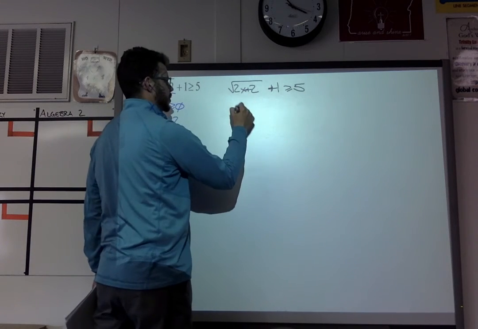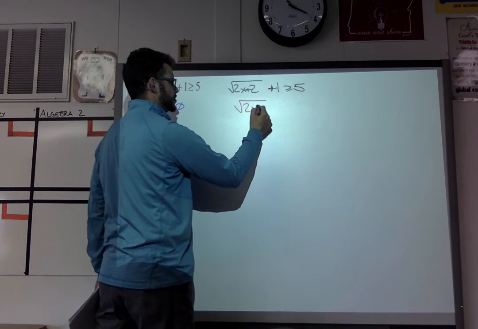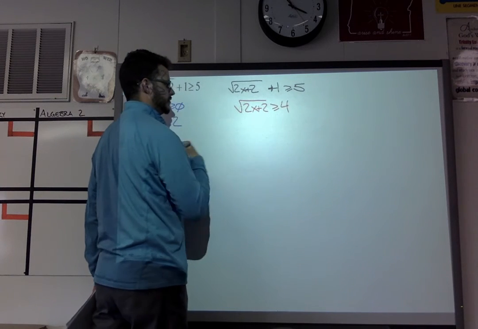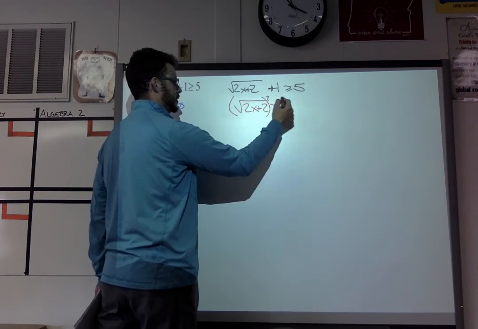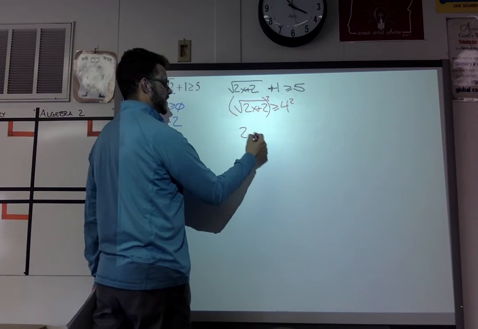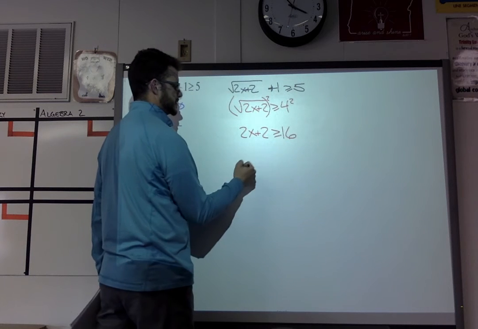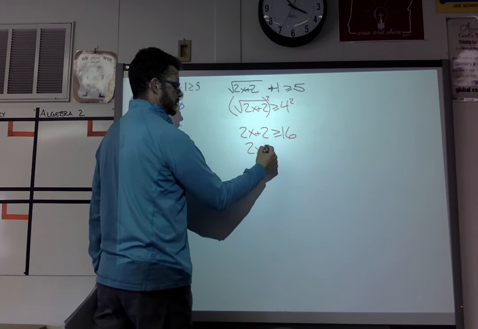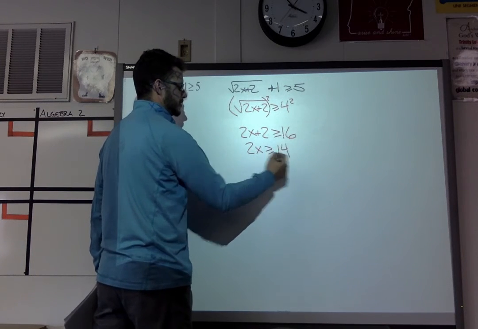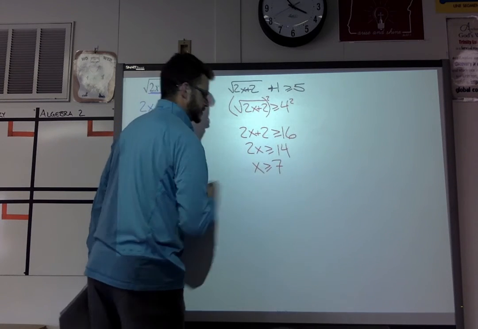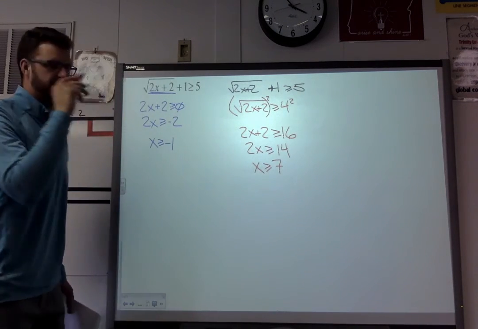So subtract 1, I get the square root of 2x plus 2 is greater than or equal to 4. Square both sides. 2x plus 2 is greater than or equal to 16. 2x is greater than or equal to 14. So x is greater than or equal to 7.